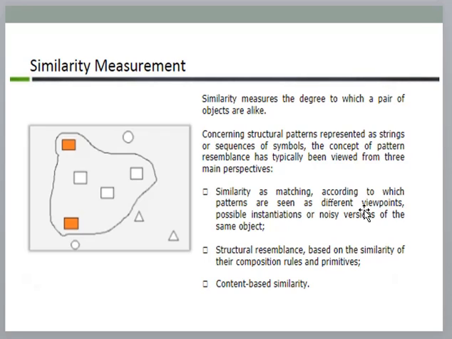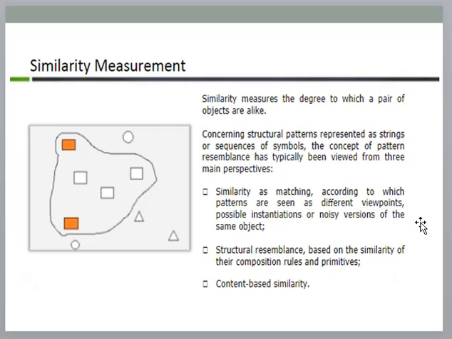Concerning structural patterns represented as strings or sequences of symbols, the concept of pattern resemblance has typically been viewed from three main perspectives. So what are those three main perspectives? Number one, similarity as matching, according to which patterns are seen as different viewpoints, possible instantiations or noisy versions of the same object.